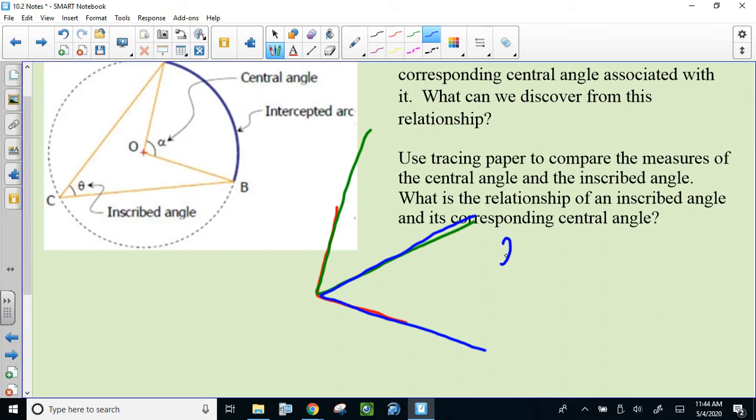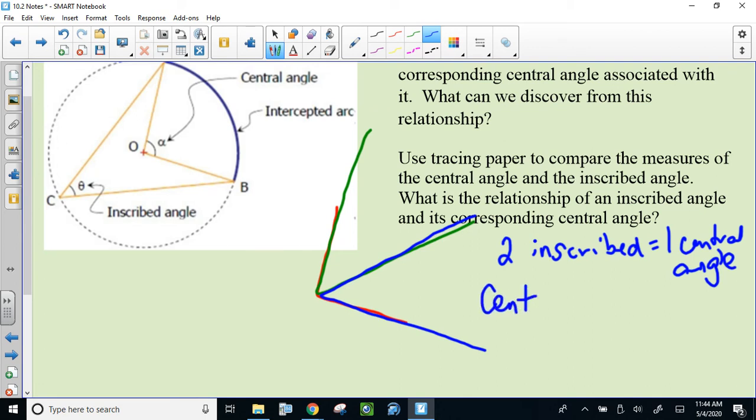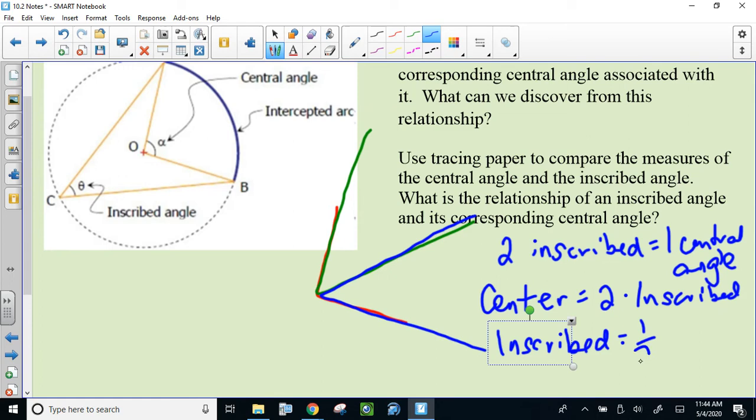It takes two inscribed angles to create one central angle, which means that the central angle is equal to 2 times the inscribed, or the inscribed, since it takes two of them, is half of the central angle.